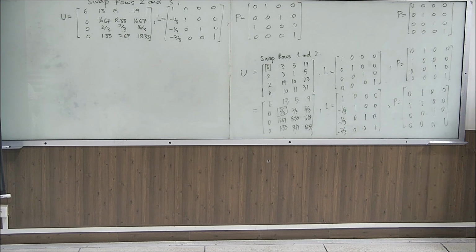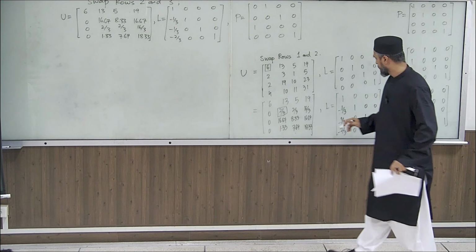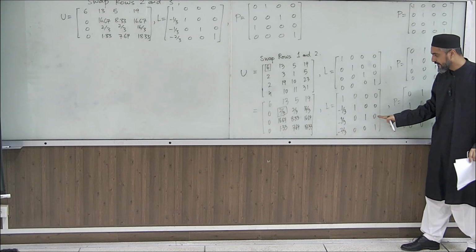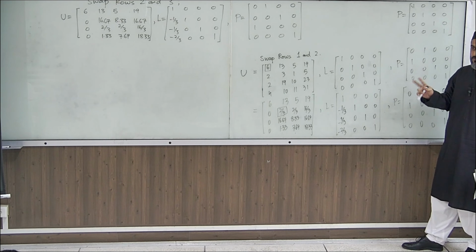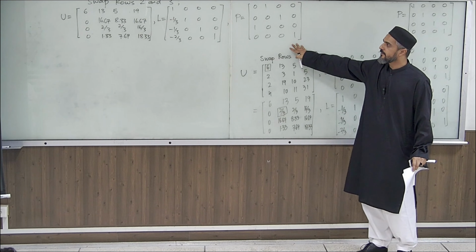We just swapped the two rows, the second and third row, and we don't have to reflect it over here. We have to reflect it in this P matrix. Swapping of rows, we have to reflect it. I've just reflected it over here.